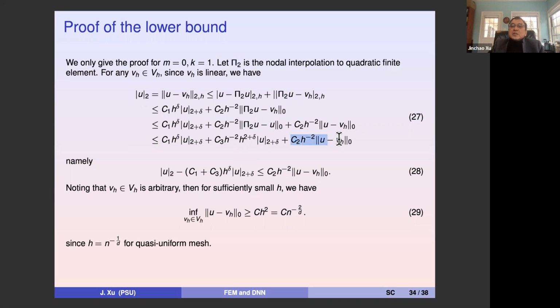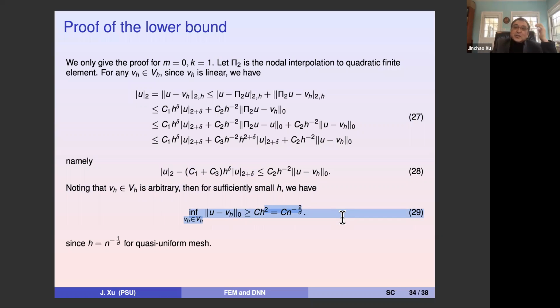And this one uses the inverse inequality. So you notice that these two terms are about the same. So this one is the L2 norm. You kick this term back. As you can see, if h is sufficiently small, this is going to be smaller than this one. So you get this lower bound. I was very happy, this is actually a very simple argument.